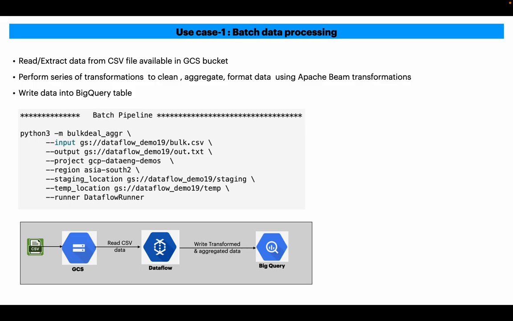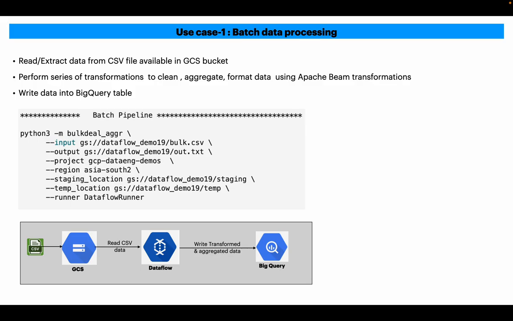We are going to read the data and perform a series of transformations. I will explain those in detail in the coming slides, and then we will write the final data into BigQuery. Before going to the demo, I would like to explain the commands used to run this pipeline and also the code.